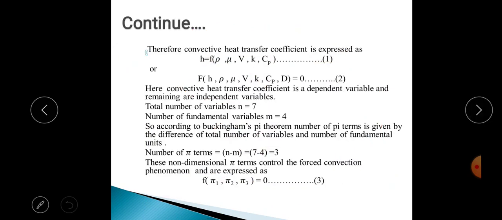In continuation to that, we can write heat transfer coefficient h as a function of these variables, or we can just group them in a functional form like f of h, rho, mu, v, k, cp and d is equal to 0.